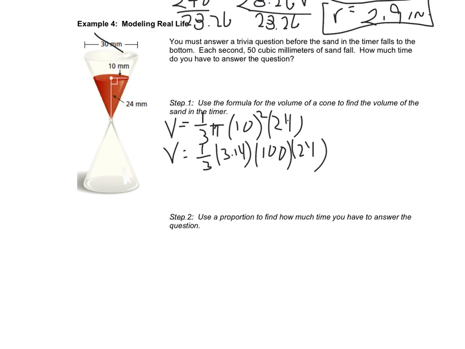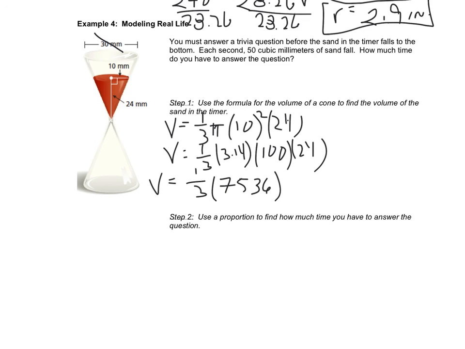If I do 24 times 100 times 3.14, I get 7,536. Then 1/3 times 7,536 is dividing by 3.